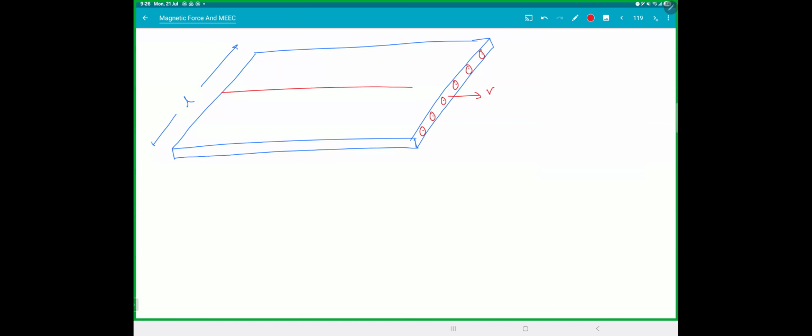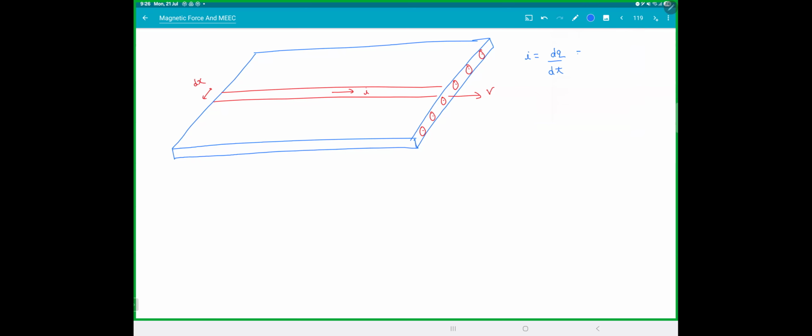So consider a thin cross section. Let this width be dx. Let this be current I flowing here. I is nothing but dq by dt.